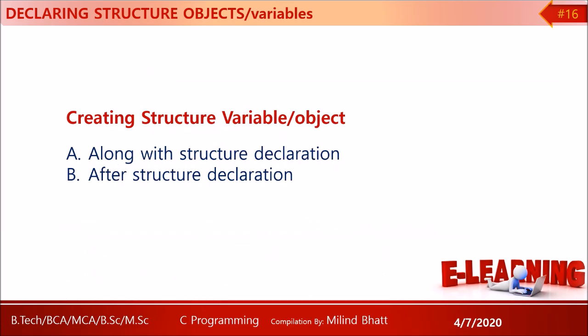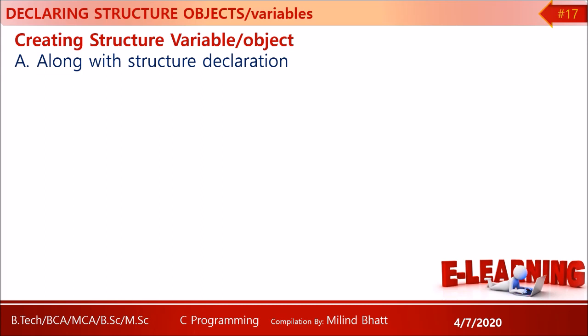Now declaring structure object variables. Creating a structure variable is based on two points: along with the structure declaration, and after the structure declaration. This has to be studied. Declaring structure object variables means creating a structure variable object. Type 1 is along with the structure declaration, means when I am declaring my structure, at that very moment I am also mentioning the desired objects of it. Let's have an example.